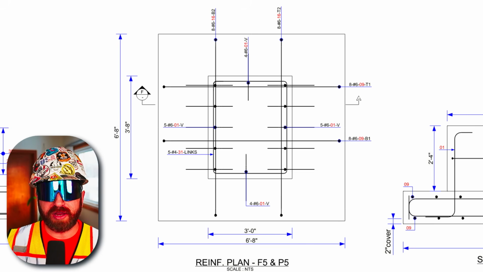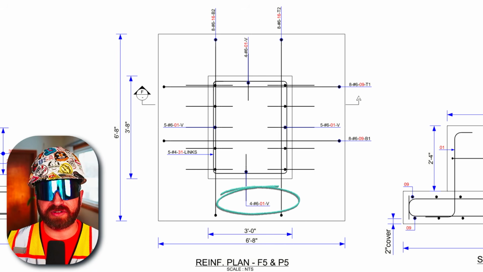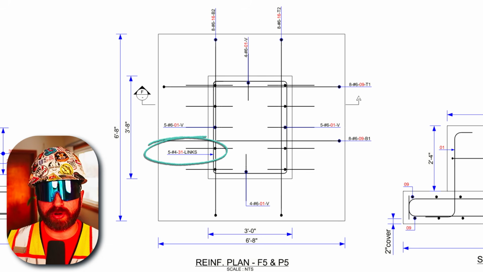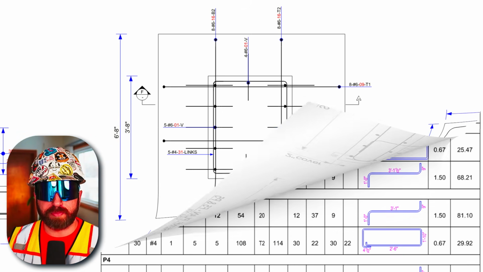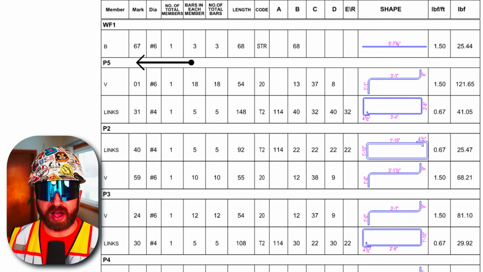And then we get a repeat of 5-6-01-V, and yet again another repeat of 4-6-01-V. And finally, we have this 5-4-31-links. Now let's go to our bar schedule to find this P5 and these corresponding members.